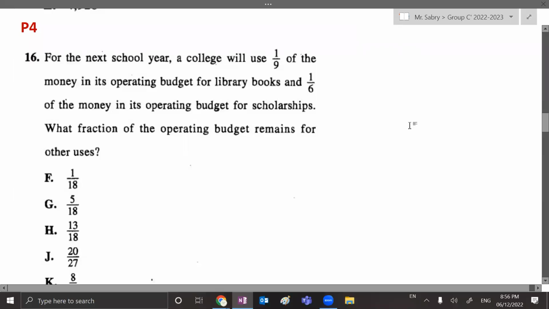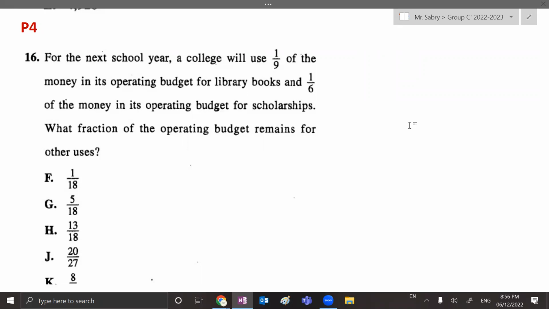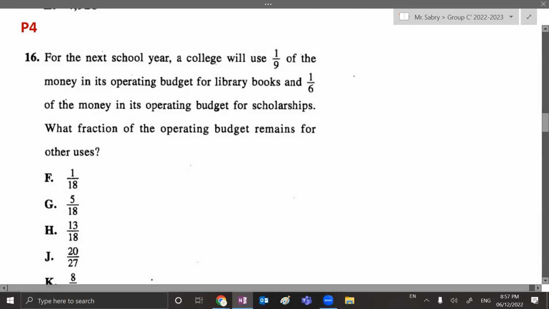So for number 16, it says for the next school year, a college will use 1/9 of the money in its operating budget for library books, 1/6 of the money in its operating budget for scholarships. What fraction of the operating budget remains for other uses? So I can't really compare these fractions to each other unless they share the same denominator.